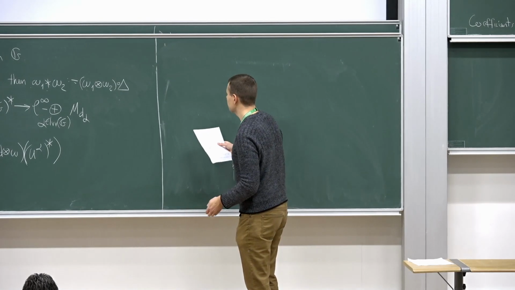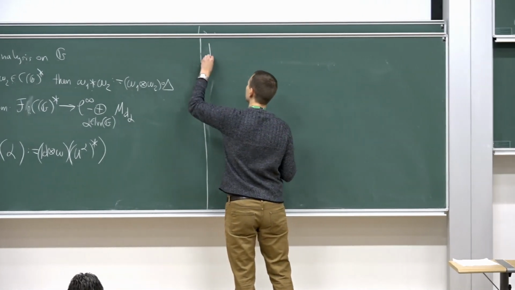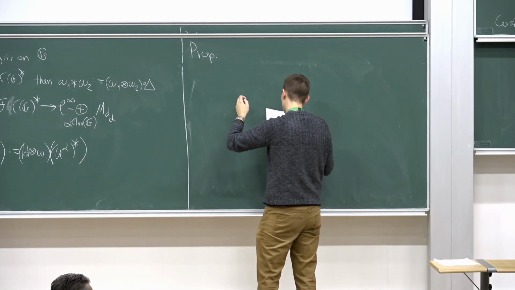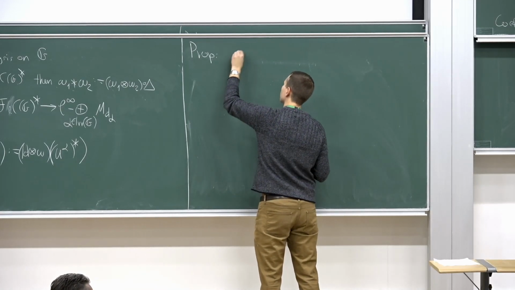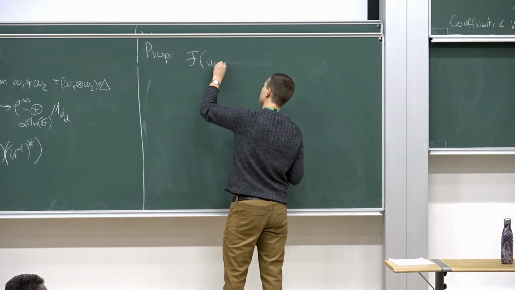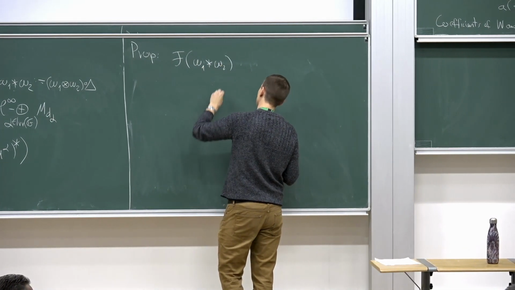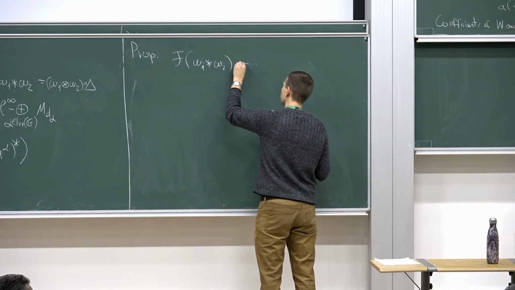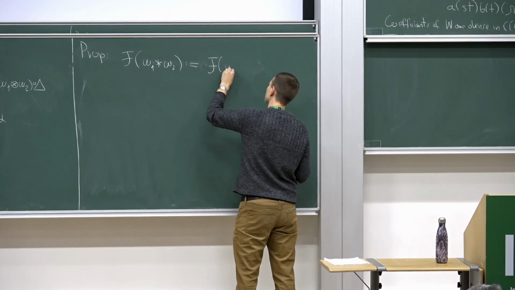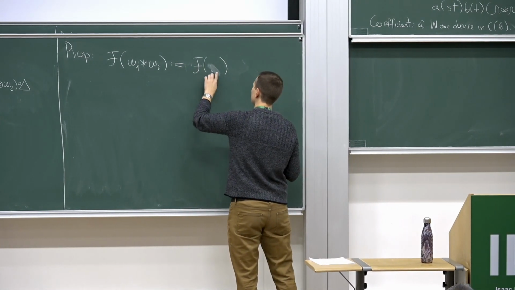Okay, so the thing we want to check is that it actually maps convolutions to products. The Fourier transform of the convolution of two functionals, omega 1 and omega 2.